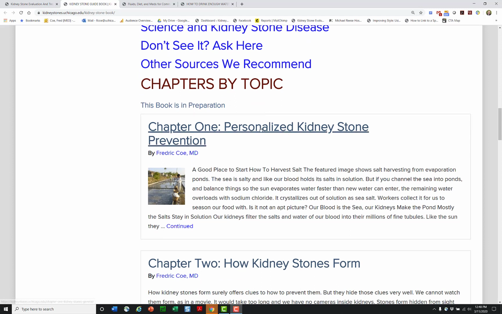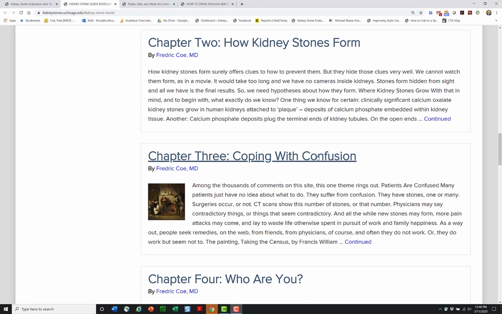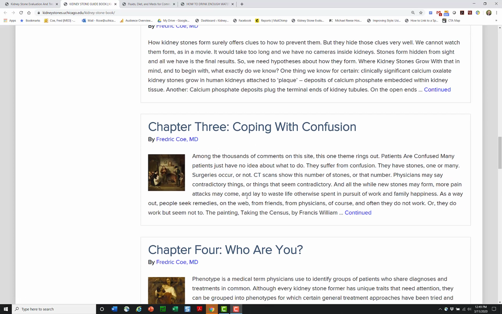The chapters are like articles, but they review big topics. For example, a big overview of how you consider prevention from the ground up. An overview about how kidney stones form. This one, what do you do if you're just confused?